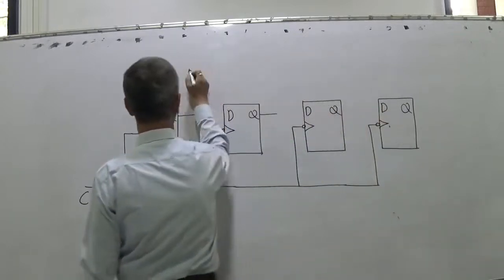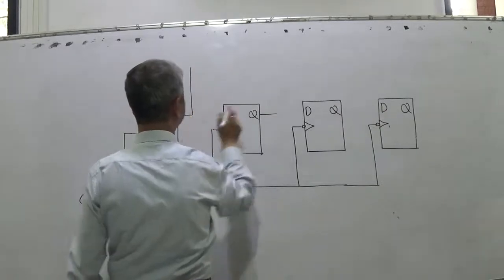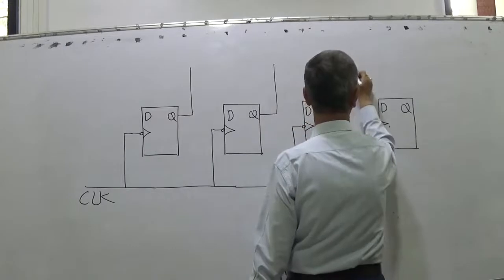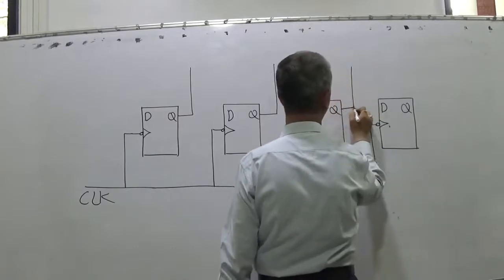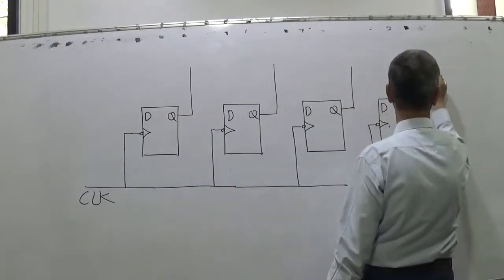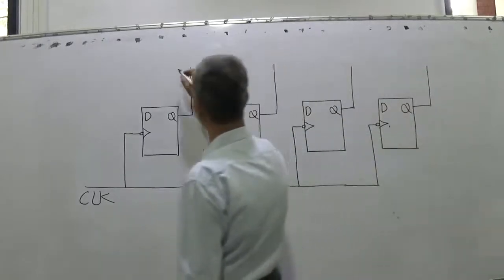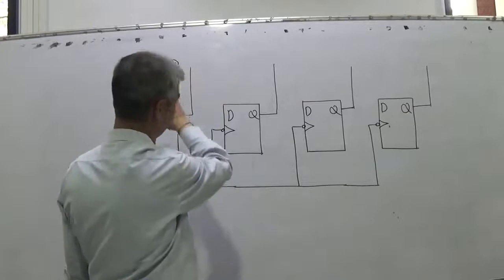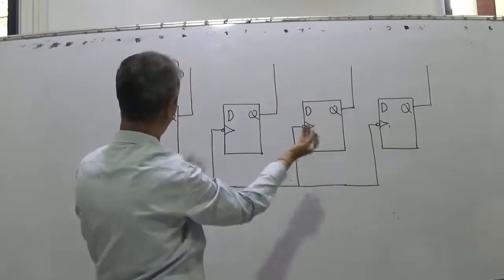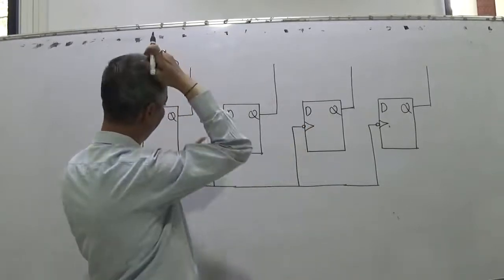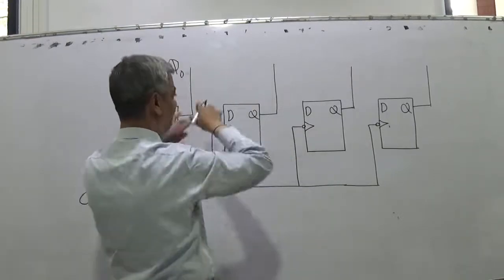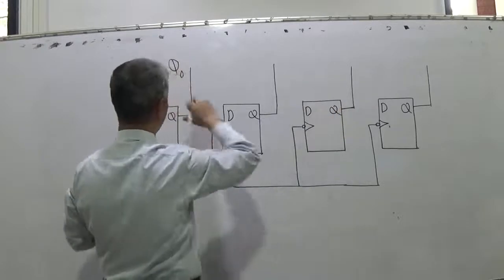These 4 are the outputs. These are Q0. I have just joined deliberately on this side. You can join the reverse side also. Only thing is that the connection diagram would require some kind of complex way of showing.